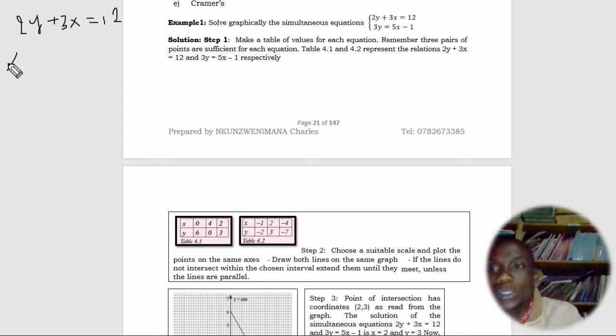Now we assume x equals 0. This means that 2y, the dependent variable, plus 3x, where x is now equal to 0. We have to replace the value of x with 0, and it equals 12.